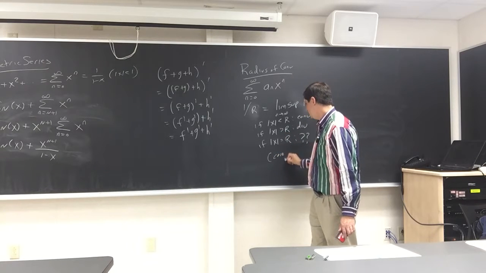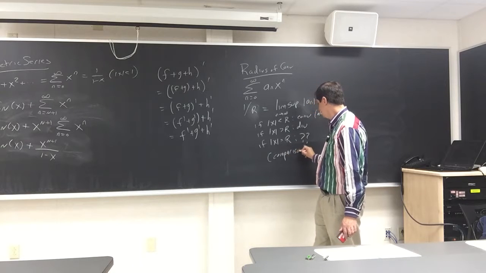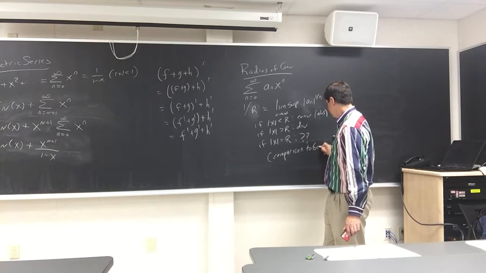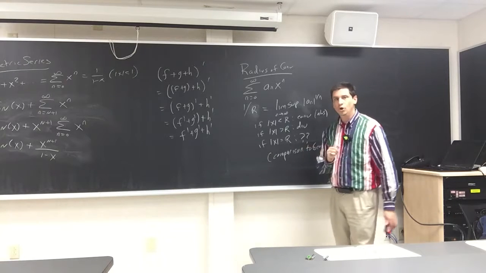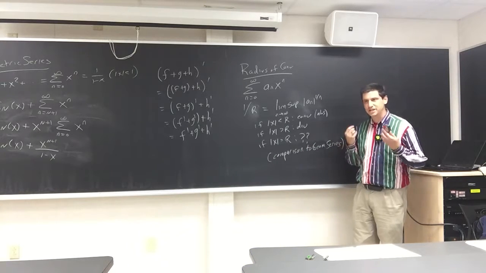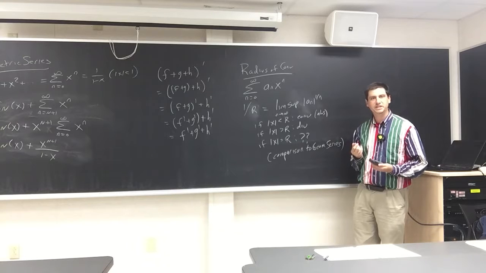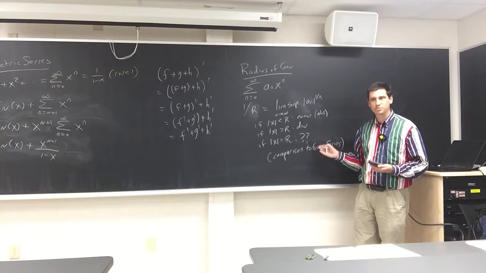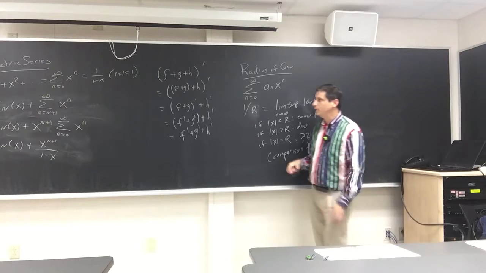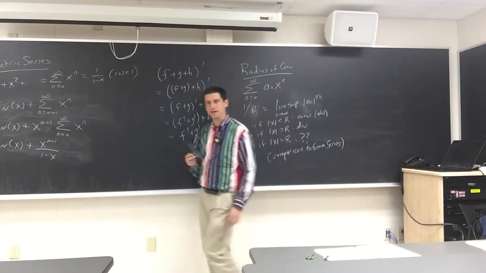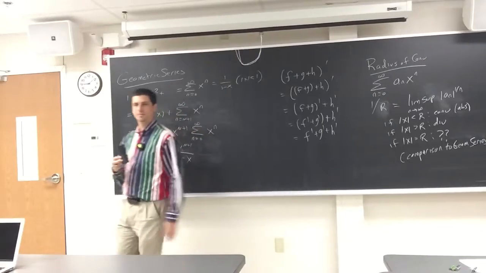Really, it's another application of a comparison to the geometric series. When in doubt, the geometric series is our go-to series for understanding anything. We understand what the geometric series is like. That's what's going on here. So what we want to do now is justify differentiating term by term.